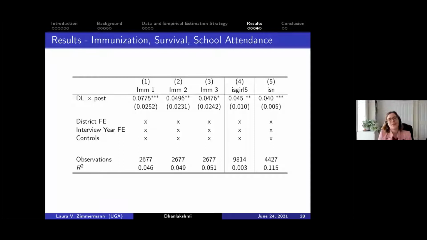Then what we do is we actually can trace those children once they're born and look at their post-birth outcomes. So the first 3 columns here look at girls 2 years and older that should have had all the compulsory vaccinations according to the Indian vaccination system, and look at the increase in probability that they have received age-appropriate immunization rounds.